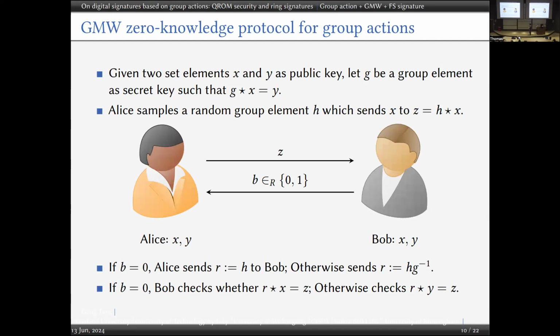Alice randomly samples another group element H, which sends X to Z. Here Z is the commitment, and then Bob randomly samples a binary challenge and sends it back to Alice. If the challenge is 0, Alice responds with H; otherwise she responds with H G inverse. In the verification phase, Bob just needs to check whether the response sends X to Z or Z to Y.